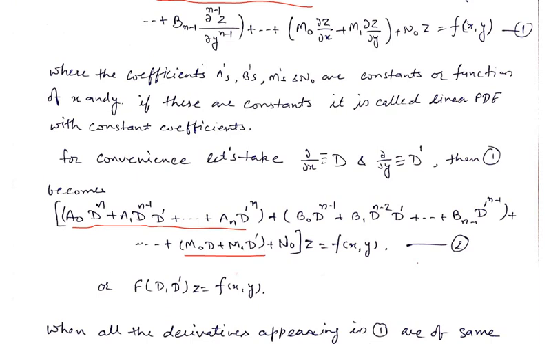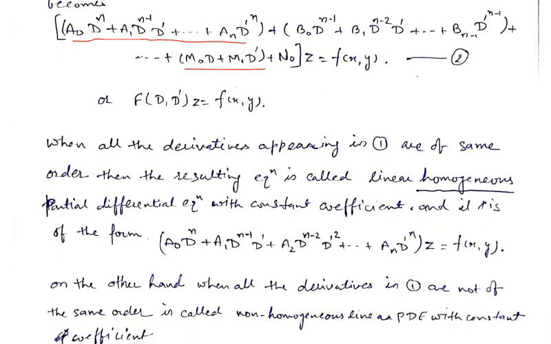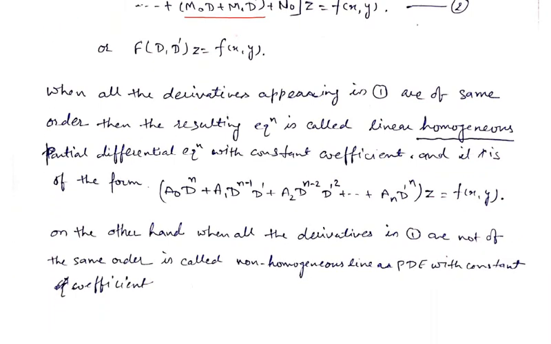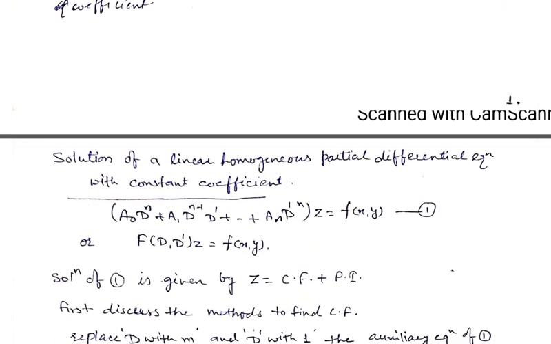So a homogeneous linear partial differential equation contains all the derivatives of the same order. Otherwise it will be a non-homogeneous partial differential equation. It means the orders of derivatives are different or not the same. Then it will be a non-homogeneous partial differential equation with constant coefficient.